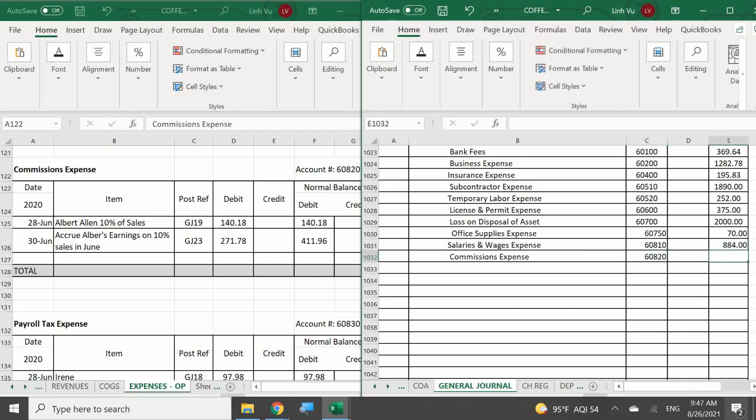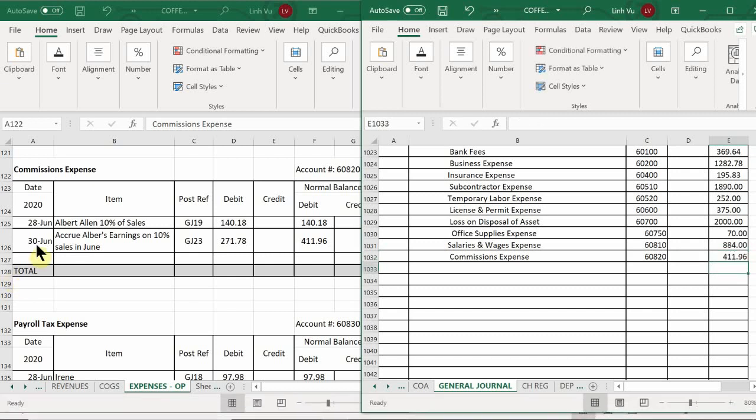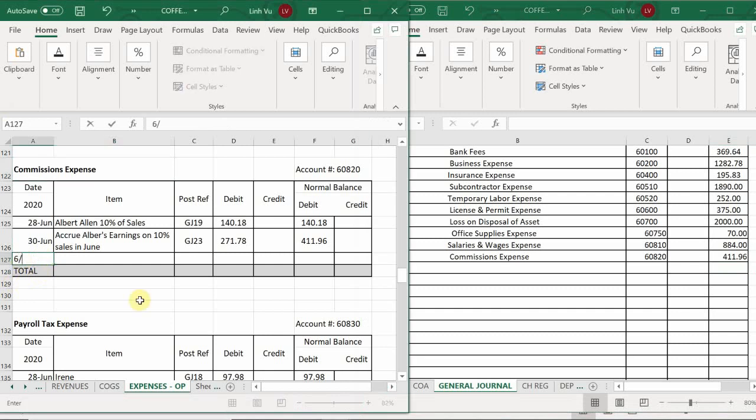For the amount of $411.96. $411.96 to give us our account balance of 0.